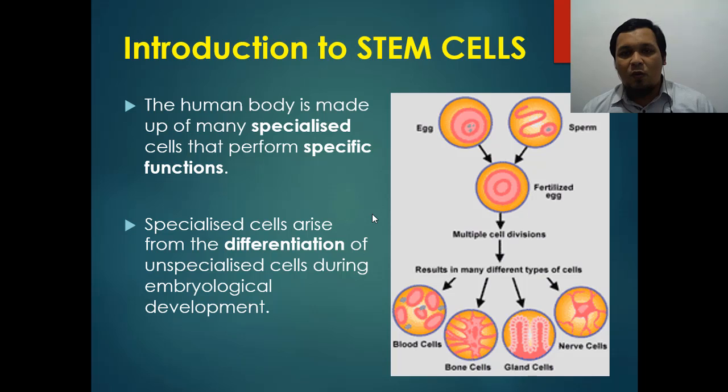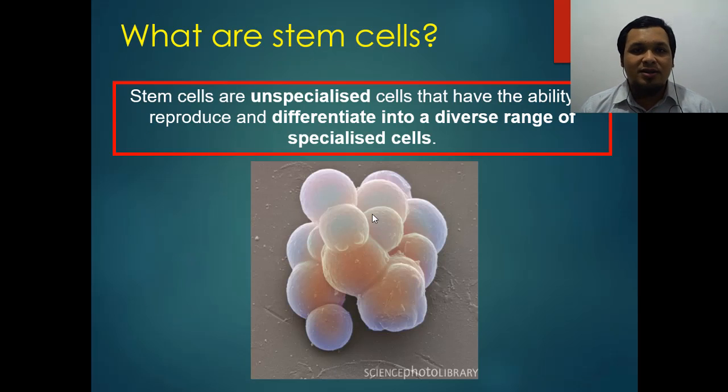So when the egg and the sperm fuse together and become an individual, then this individual will develop into certain types of body components. For example, in an individual there must be blood, there must be bone, there must be glands, and also nerves. So now, what are stem cells?